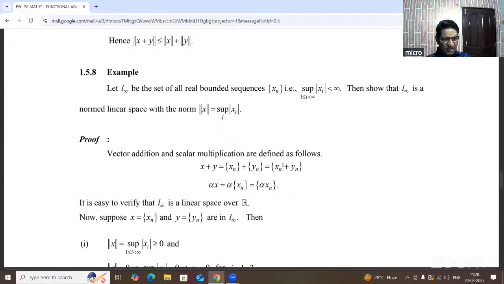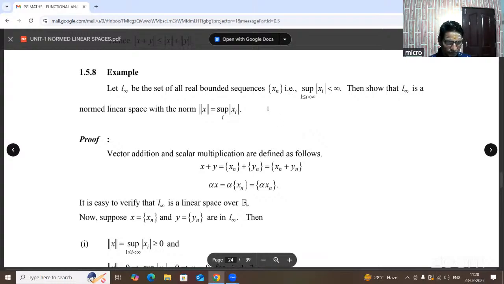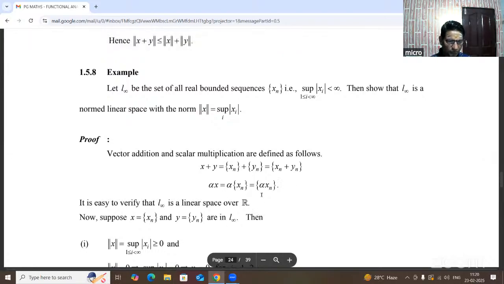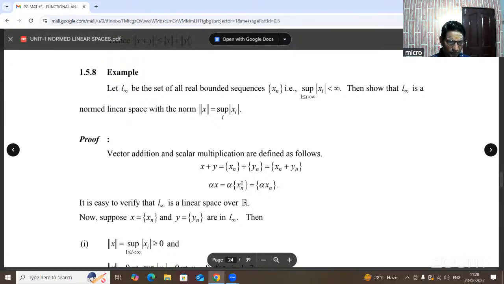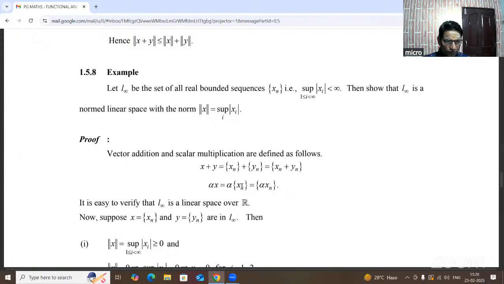Alpha x, scalar multiplication, is alpha of xn, because x is the convergence point for the sequence xn. That is alpha of sequence xn, that is, sequence of alpha xn.